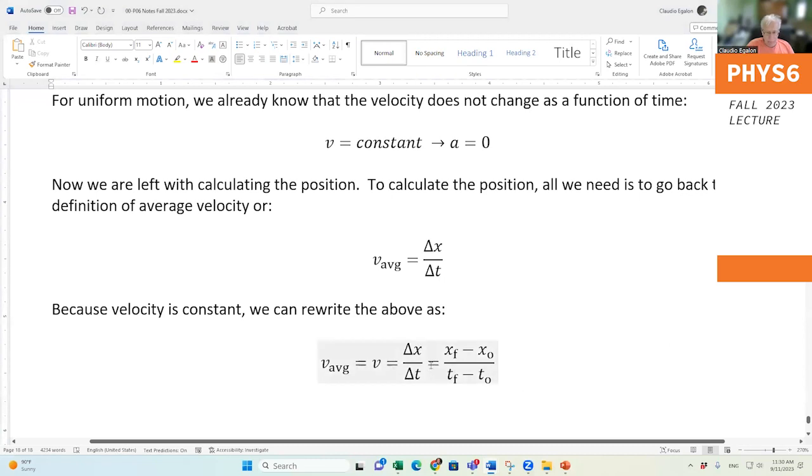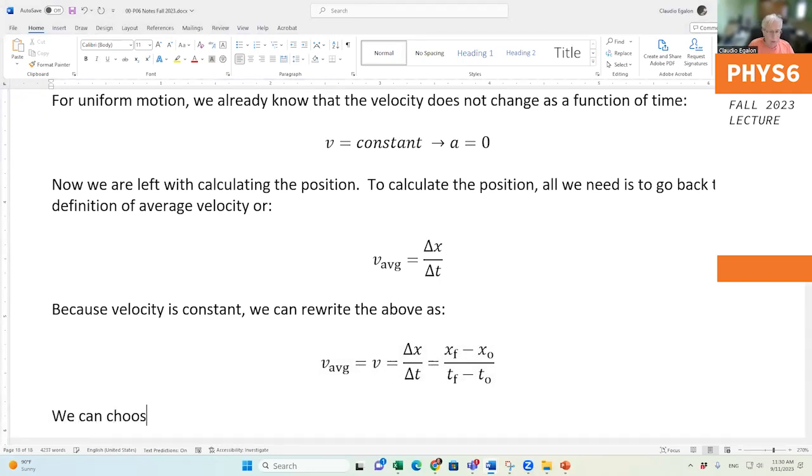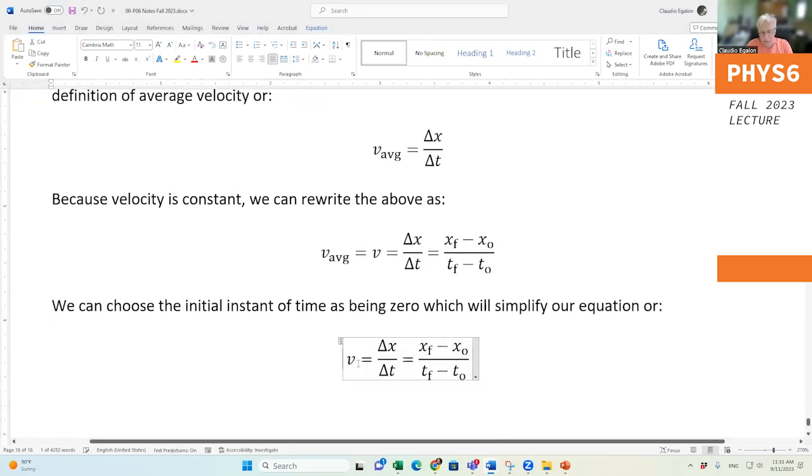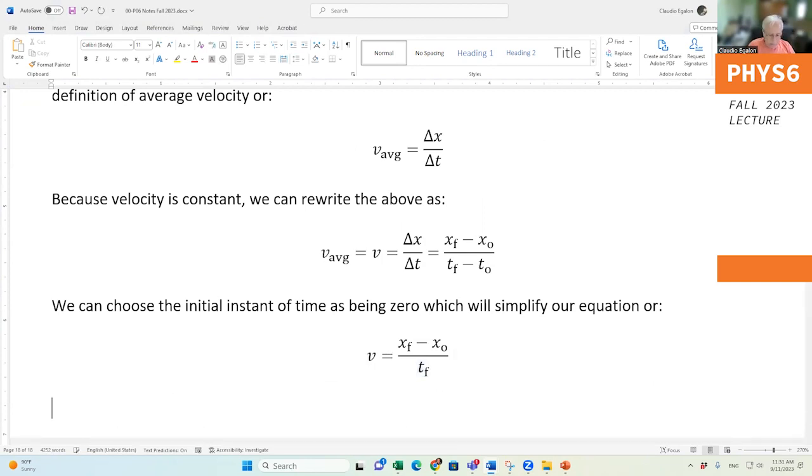And what are we going to do here? We can choose the initial instant of time as being 0, which will simplify our equation. I don't need the average here anymore, and then t naught disappears.